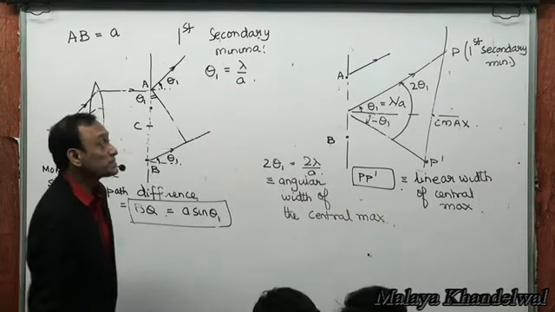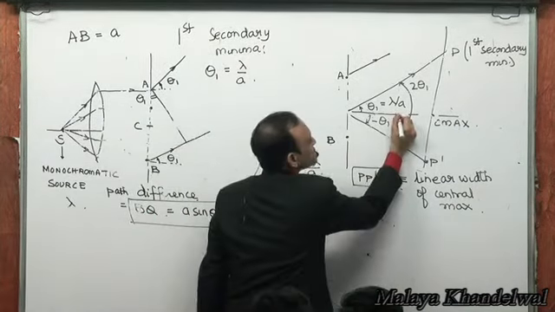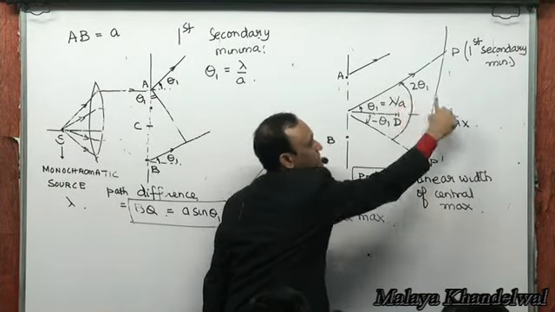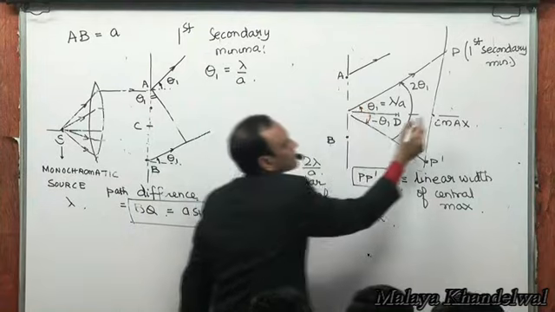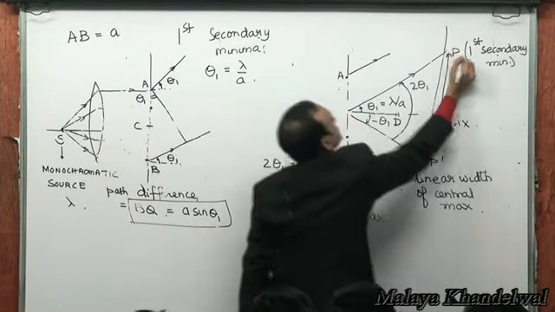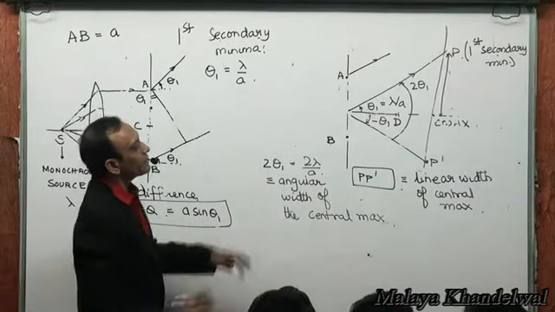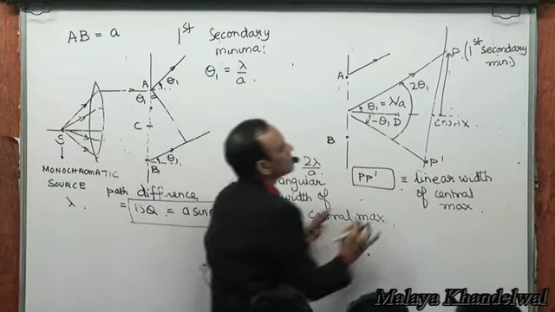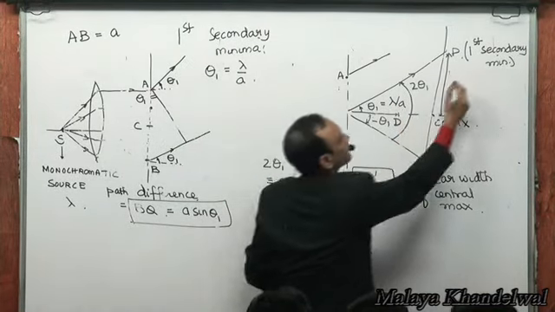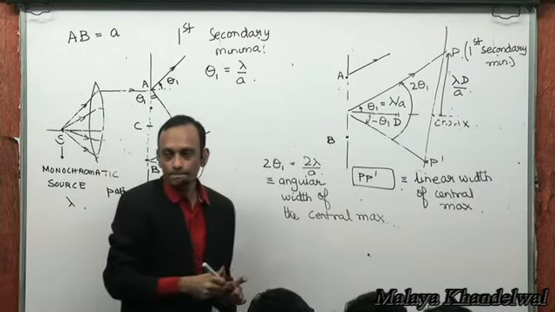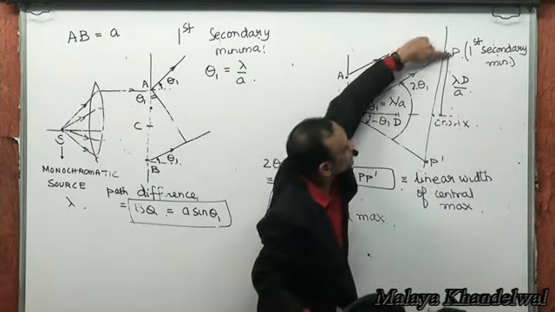And what is PP prime? Suppose this distance between the aperture and the screen is d. Then very clearly this is approximately going to be r theta kind of a thing, so d into lambda by a. So this is going to be lambda d by a. Do you all understand why? This is almost going to be the arc length.